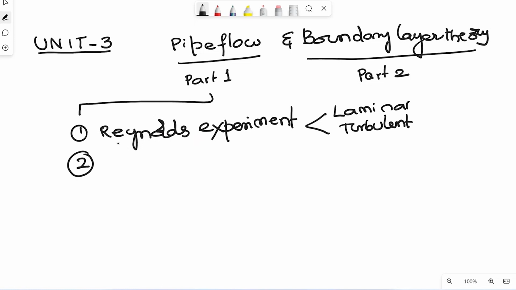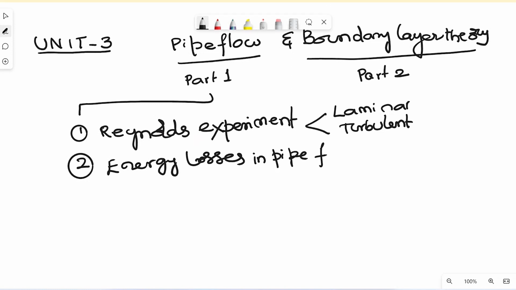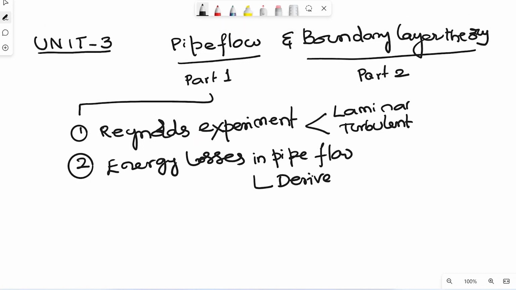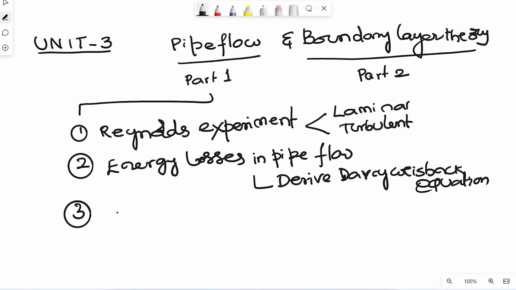The second one is what are the energy losses in pipe flow, and derive the Darcy-Weisbach equation. Third one is explain what is hydraulic gradient line and total energy line.